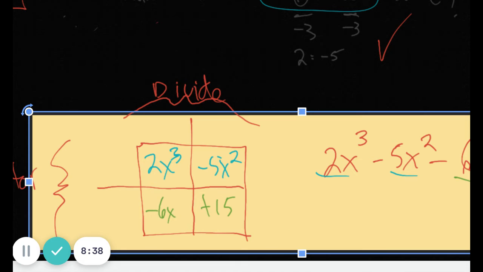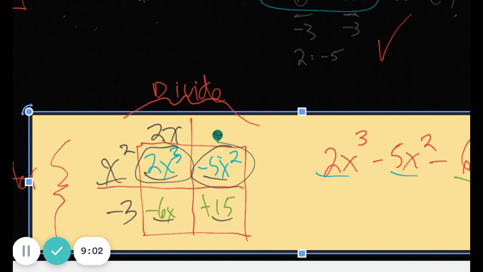Now I can common factor going across. 2 and negative 5, there's no common factor there, but x squared is common. And across the bottom, 6, negative 6 and 15, well, that's negative 3. Then I divide. 2x cubed divided by x squared is 2x, and negative 5x squared divided by x squared is negative 5.